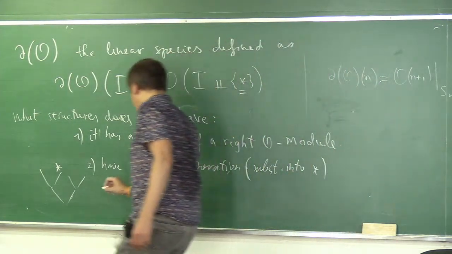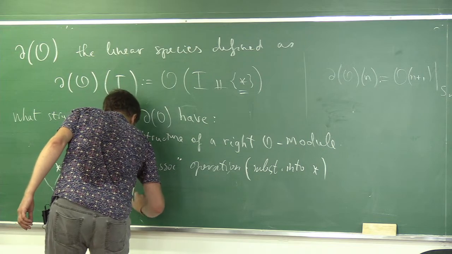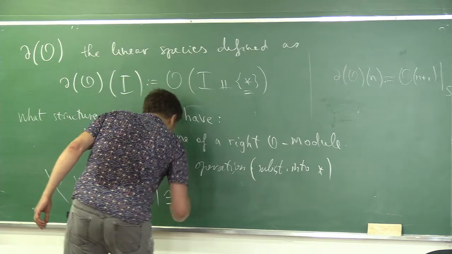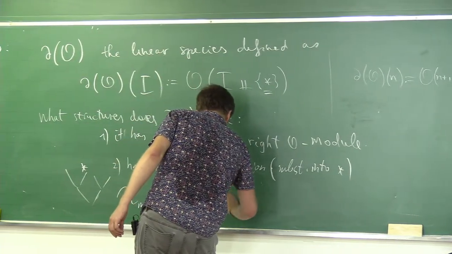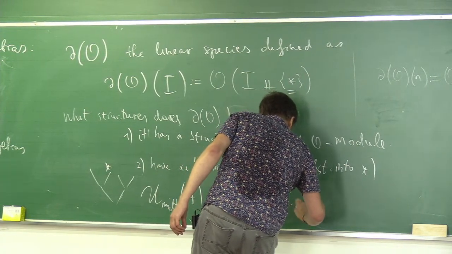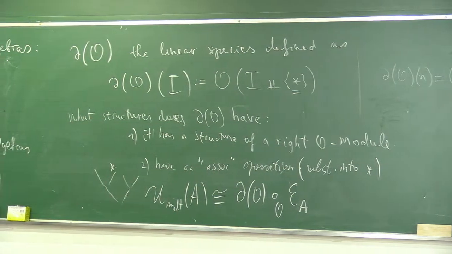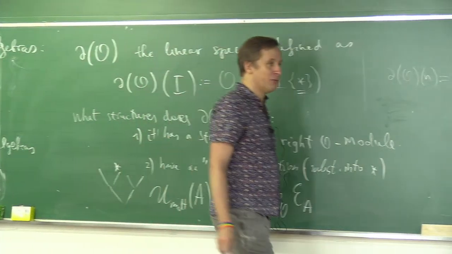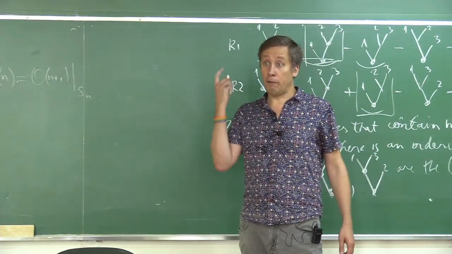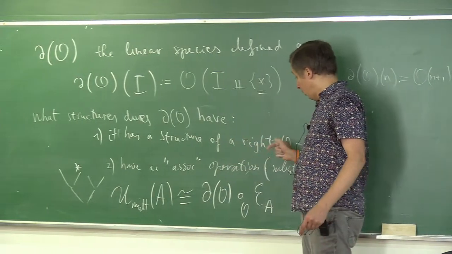So it turns out that the universal multiplicative enveloping algebra of an algebra A is isomorphic to D of O, composite product over O, with EA, as before. So how to think about this formula? It's kind of similar to what we've been doing for functors of change of operations. D of O is a right O module.